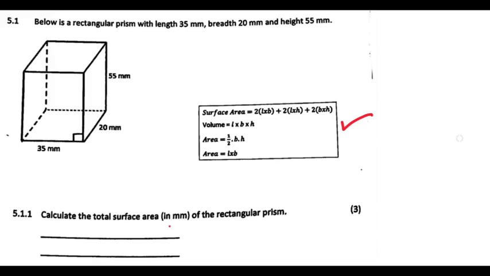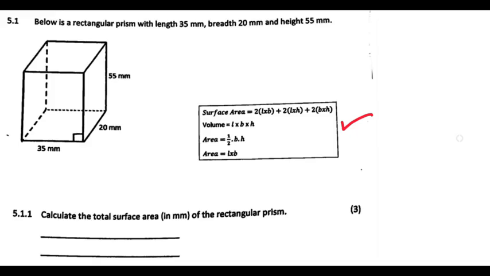Calculate the total surface area in mm of the rectangular prism. Sometimes they say in mm, which means you have to give the answer in millimeter. Sometimes they will ask you to give the answer in centimeter or in meter, then you have to convert. I showed you earlier how to convert the length, volume and surface area, etc.